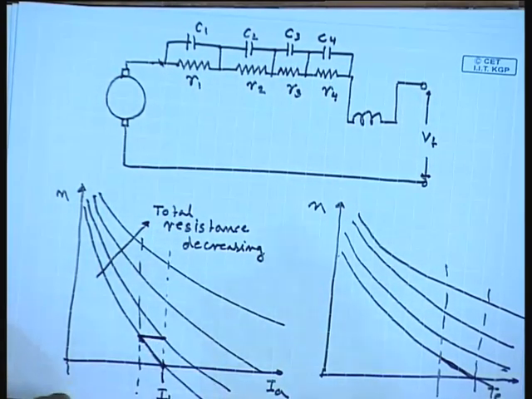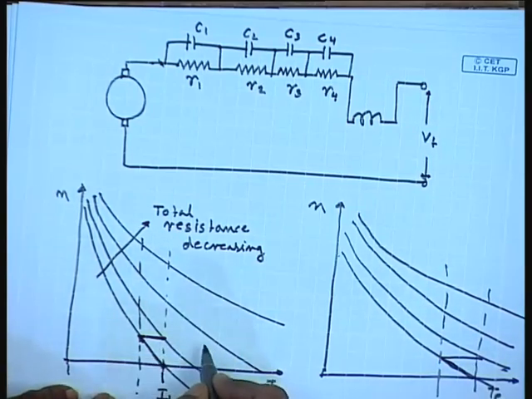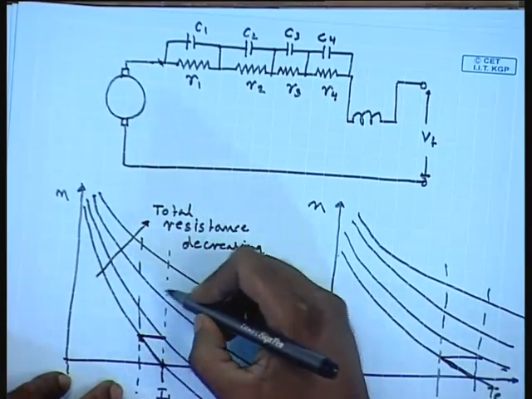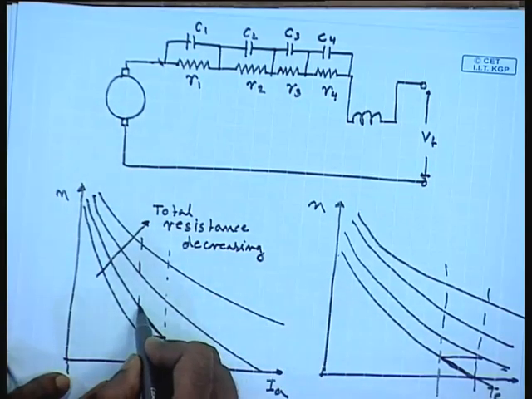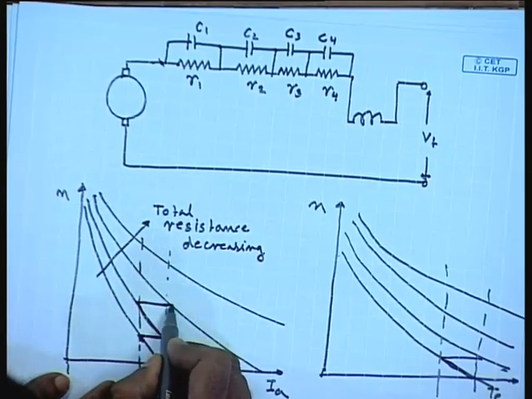Since the speed cannot change immediately, it shifts to the next characteristics on a horizontal line and the speed increases further. Then at some point we short the second resistance.